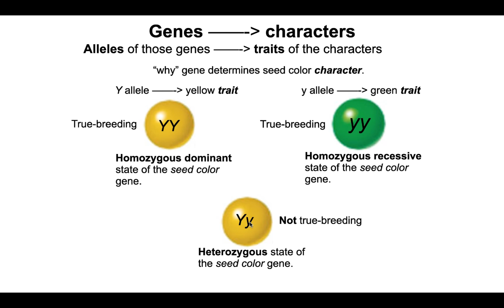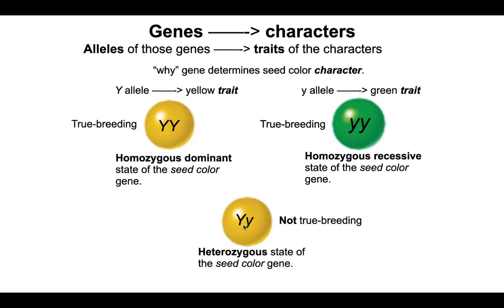The only way to figure out what that trait is going to be is to set up a cross of our homozygous big Y to our homozygous little y. We cross those two together and we see what we get.